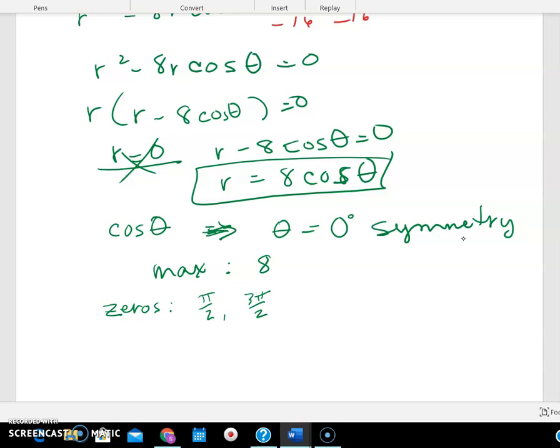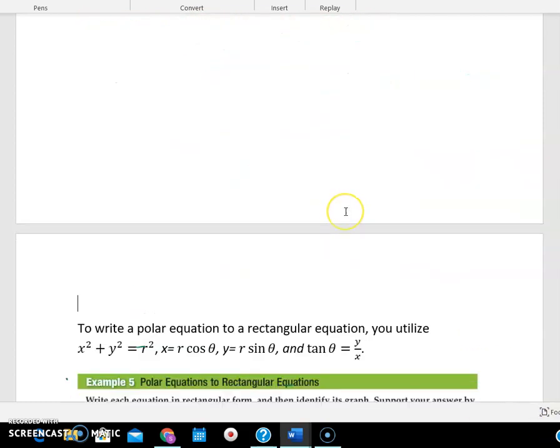And it's going to have its maxes of 8 at 0 degrees, and then actually negative 8, which is going the opposite direction, at pi, which should end up being the same value. So let's take a look at that.